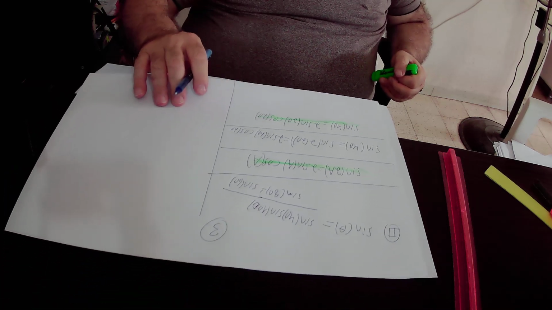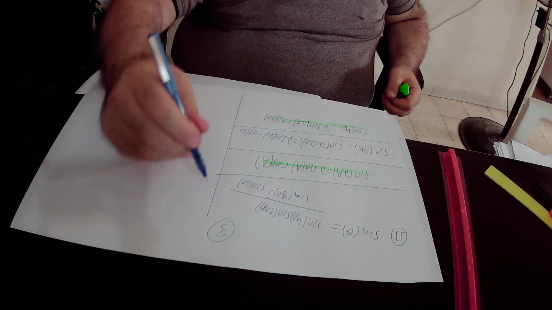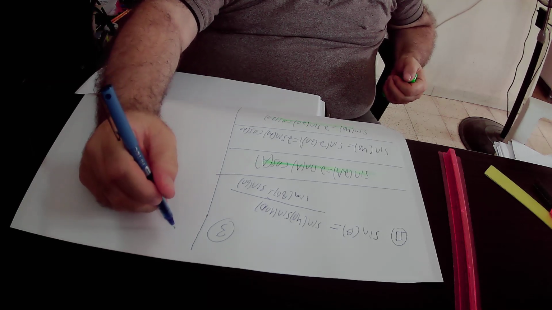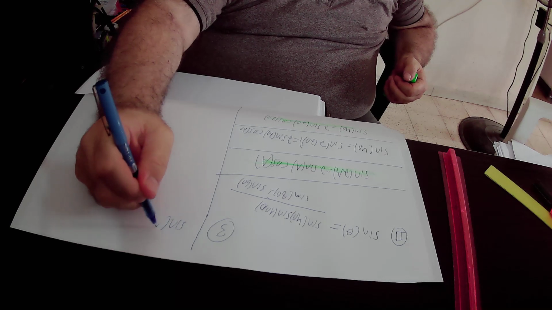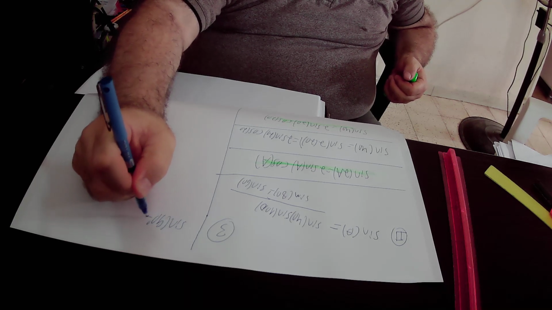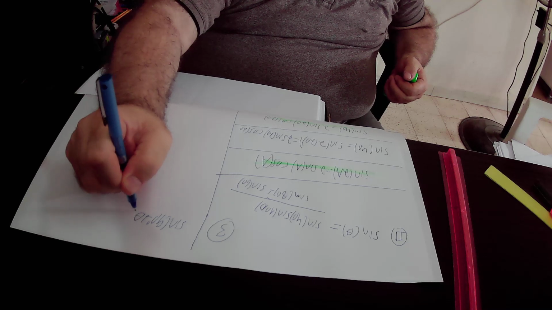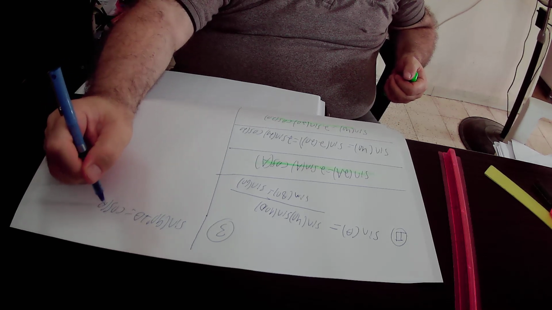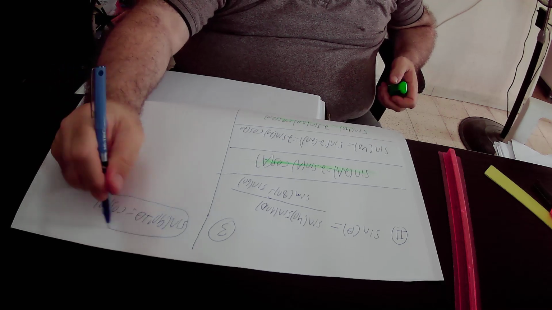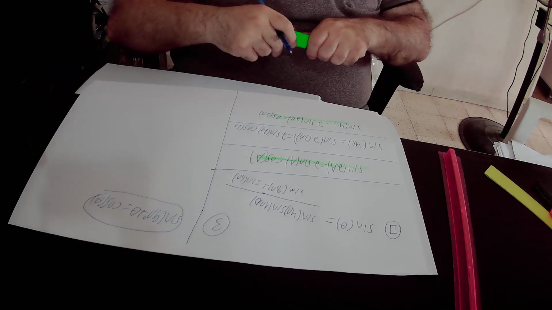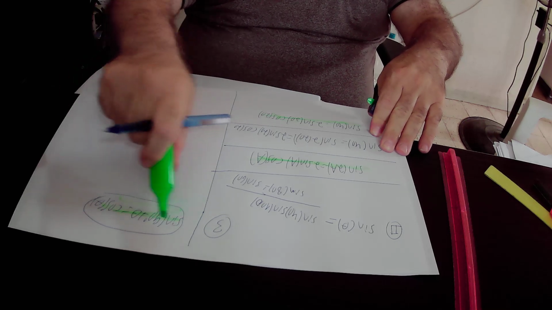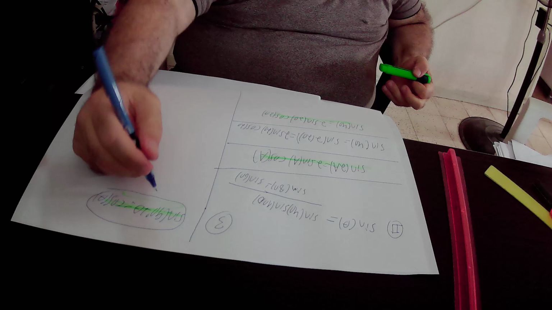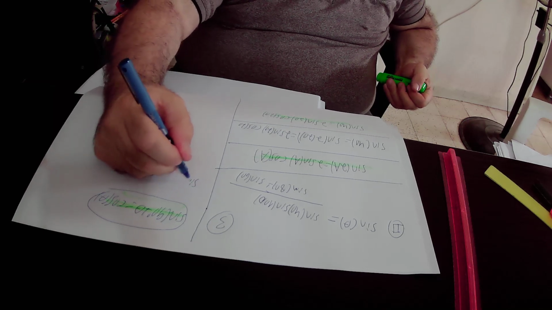But we have another trigonometric identity that states that sine 90 degrees plus theta is equal to cosine theta. And we will use this trigonometric identity for sine 100 degrees.